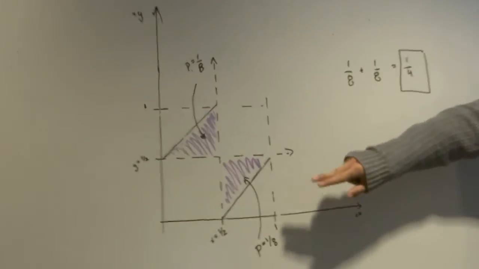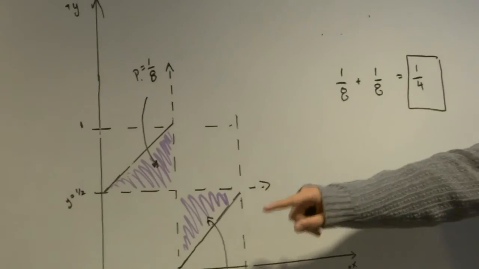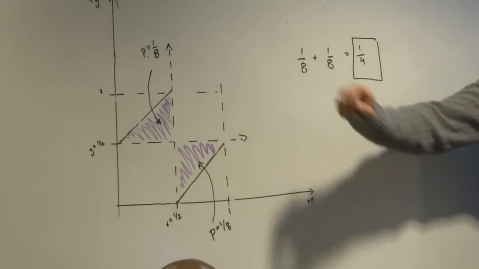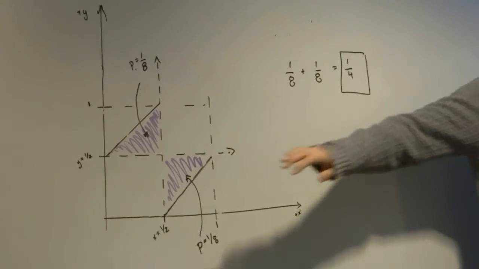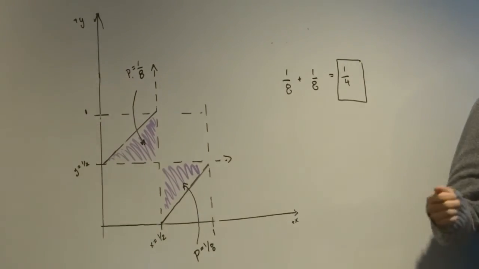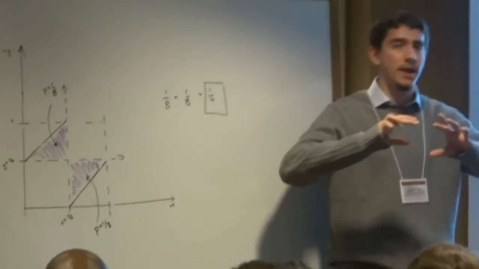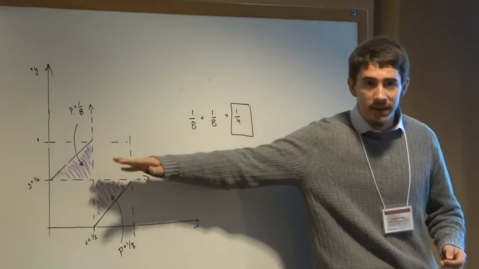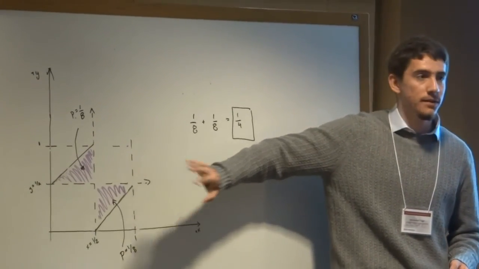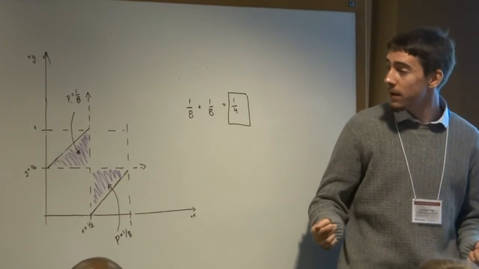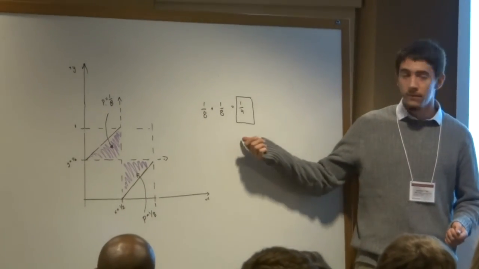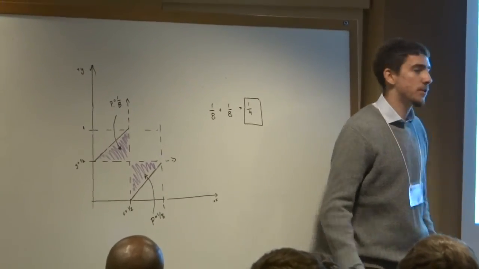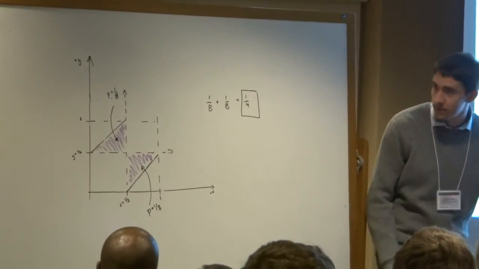So they have to exist within the square between 0, 0, and 1, 1. And so then we just find the region, which is all the points x and y such that you can form a triangle from breaking the stick that way. And when you calculate the area and divide it by the area of the entire region, which is conveniently 1, you get 1/4. So that's the basic derivation of that answer.